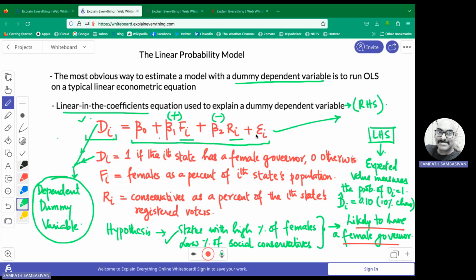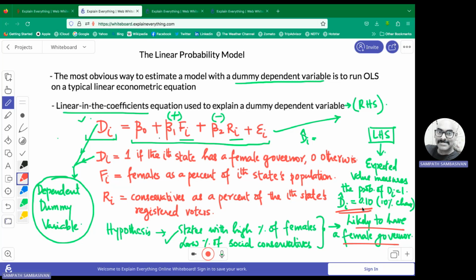When you run a regression, you always find an estimated value. Let's say that this Di has an estimated value, as I have indicated here, equal to 0.10. What does this 0.10 mean?